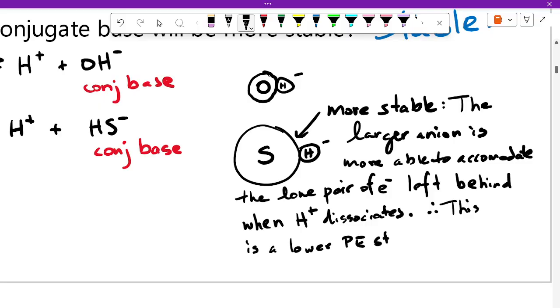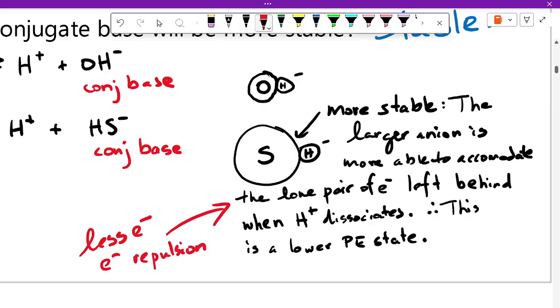The smaller one has less space, so there's more electron-electron repulsion. So who would be the stronger acid, H2O or H2S?